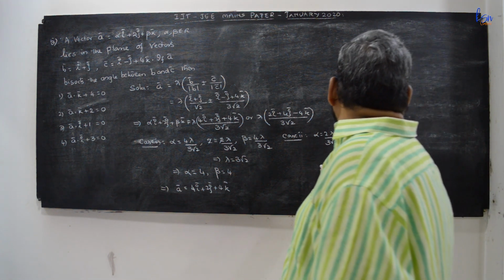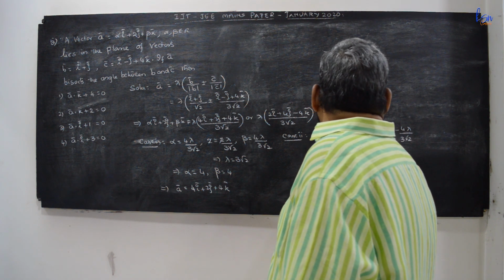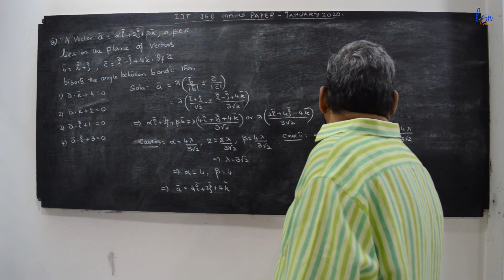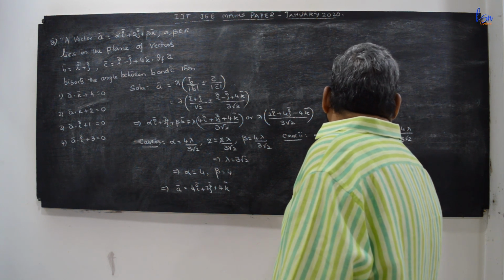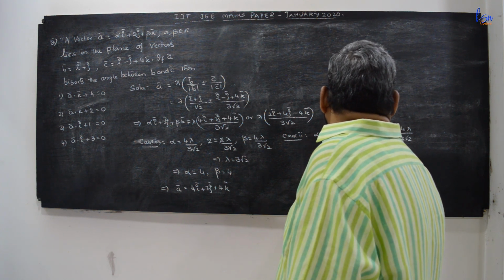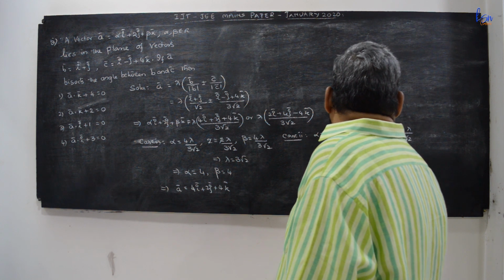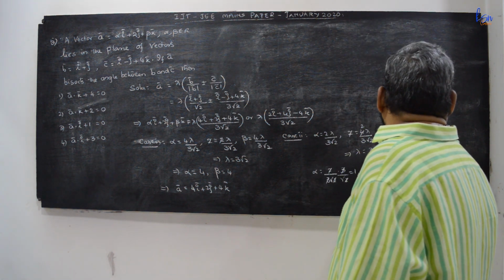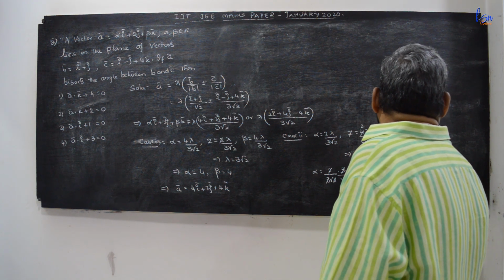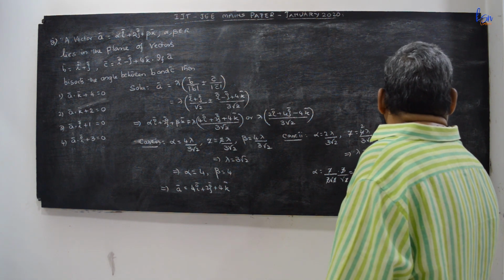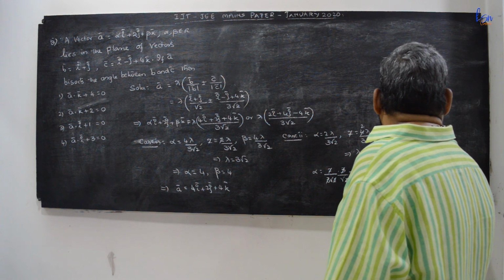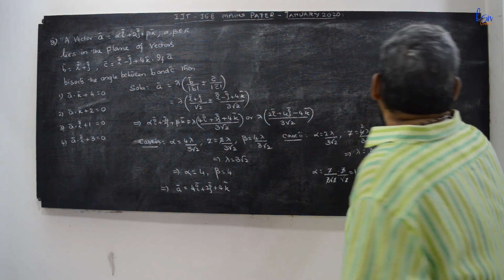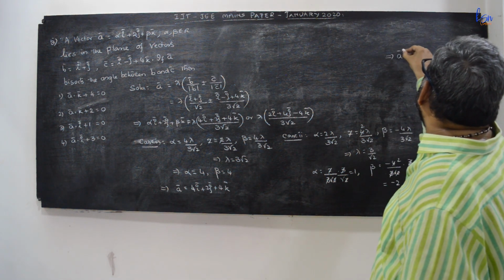So alpha is equal to 2 by 3 root 2 into lambda, 3 by root 2. So this 3 and 3 get cancelled, and this also gets cancelled. Alpha equals 1. And your beta equals minus 4 by 3 root 2 into 3 by root 2. You can cancel 3 and 3 and this will be 2. This is minus 2.